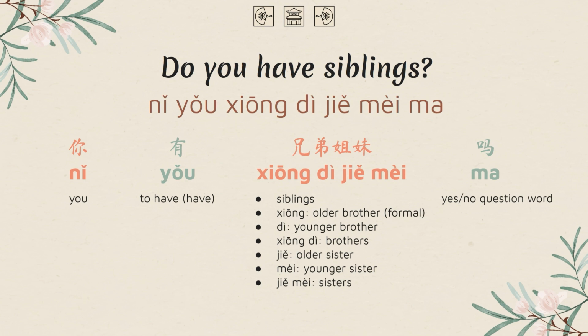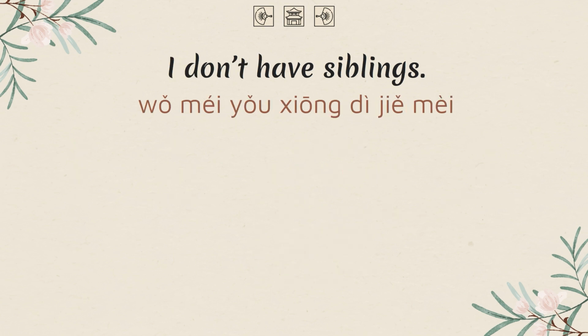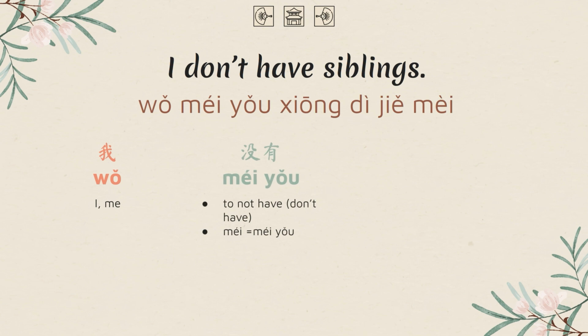Okay, let's take a look at how you would negate the answer, I don't have siblings, which is 我没有兄弟姐妹. 我, I or me. 没有 means to not have. Here it means don't have. So remember, the normal way to negate things is to put a 不 before a verb.